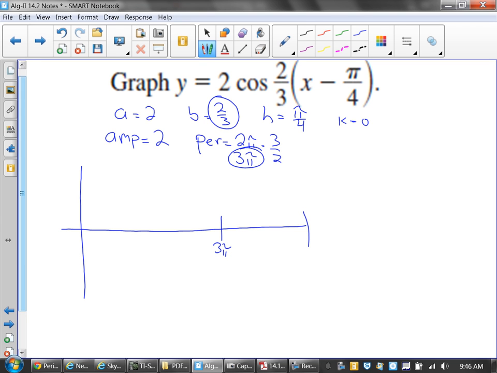So, what's your halfway point? 3 pi over 2. What's that one? 3 pi over 4. And this will be, excuse me. Is that right? 5 pi over 4? 3 pi over 4 plus.